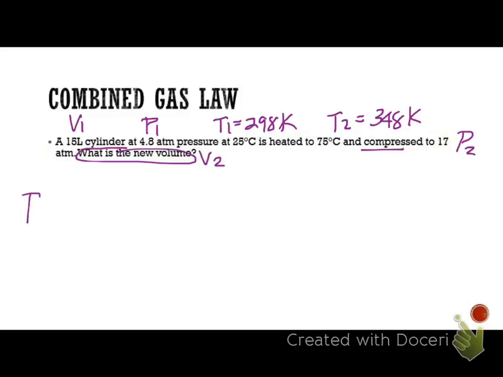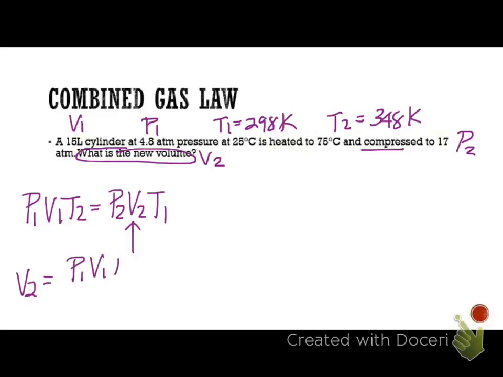So let's do our equation, P1 V1 times T2 is equal to P2 V2 times T1. And we're solving for V2. So when we isolate that, it's going to be P1 V1 T2 over P2 T1 because they go to the other side. Now we plug everything in.